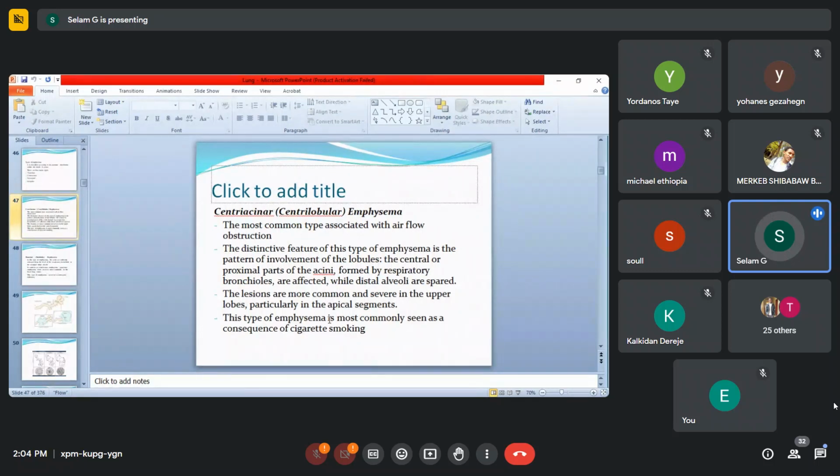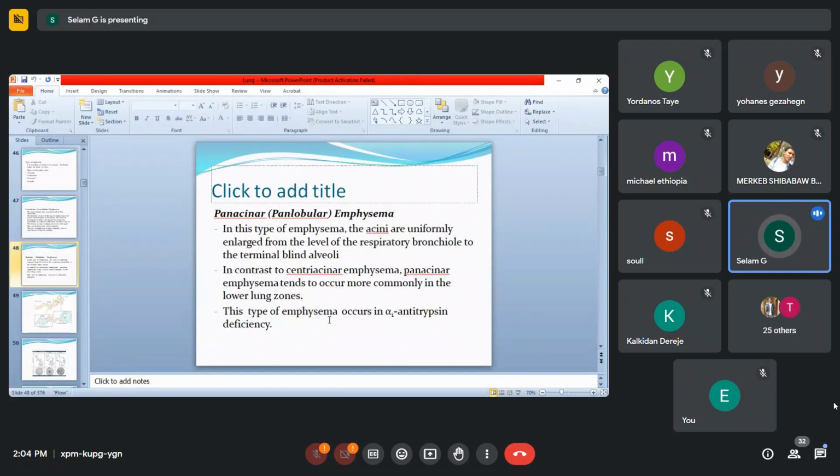The lesions are more common and severe in the upper lobe, particularly in the apical segment. This type of emphysema is most commonly seen as a consequence of cigarette smoking. Most airway diseases are incriminated with cigarette smoking and pollution.